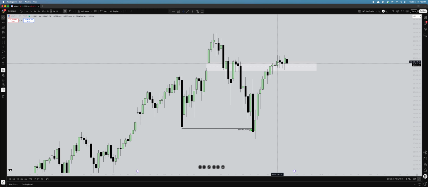So we get up through it here on Friday of last week, and then we spend 2 days wicking down, and today wicking down. But all of these closes are above 50%.